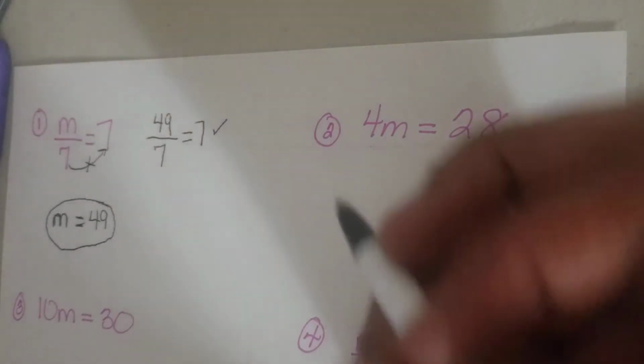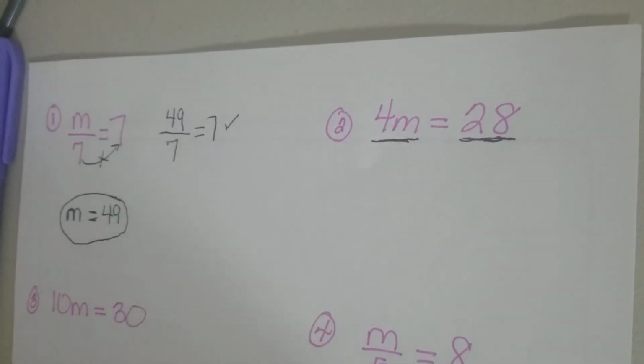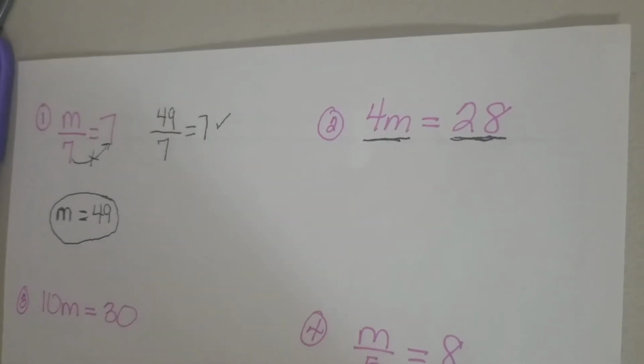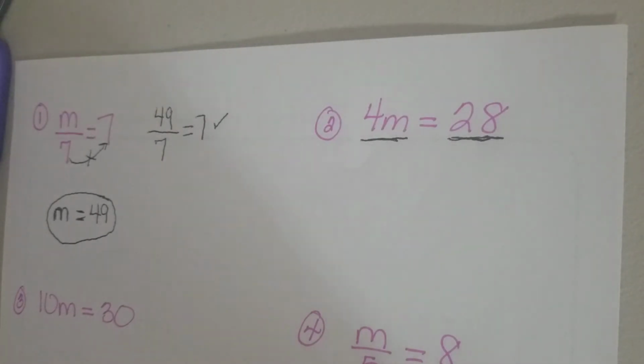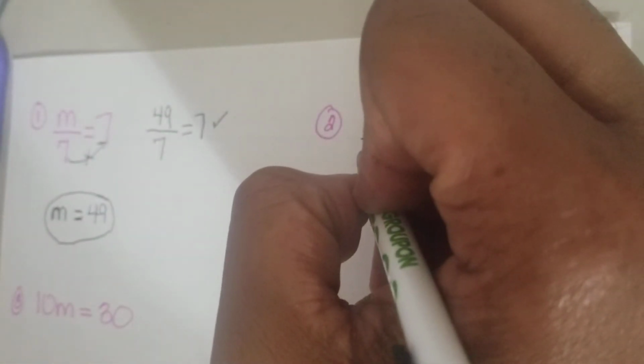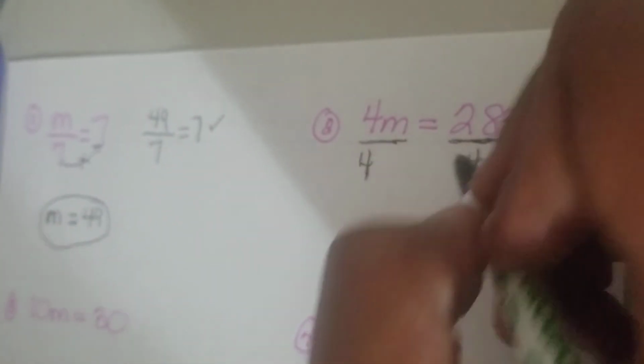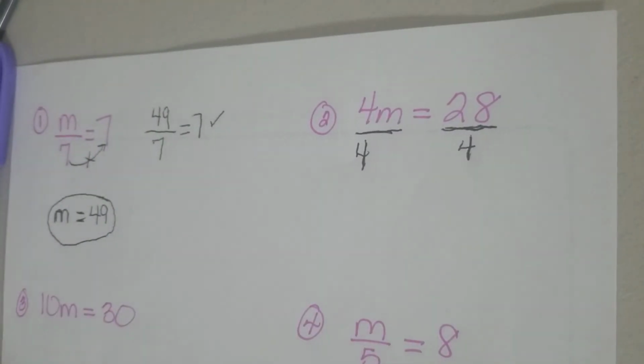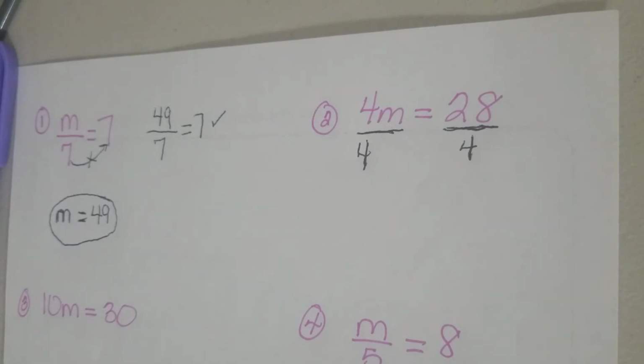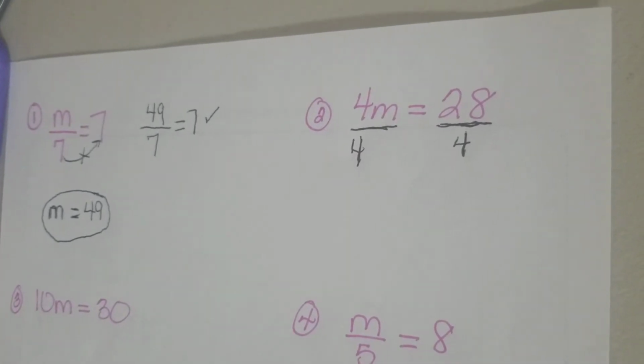What we do for multiplication, we have to divide. Remember how I showed number 1? Let's put a division bar on both sides. Can you guess which number we divide by? That's right, we divide by the 4. I like to line things up so that I know what cancels out and what doesn't.